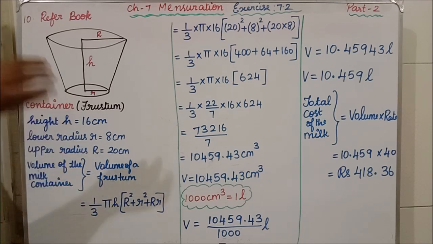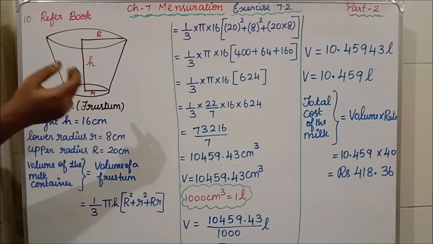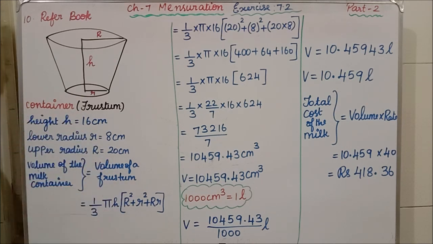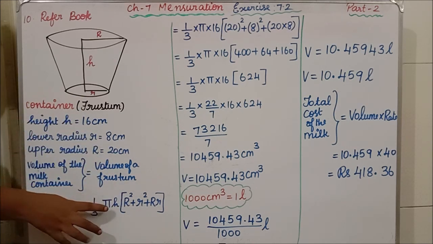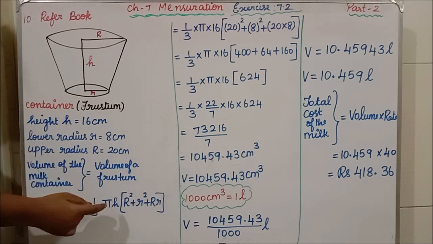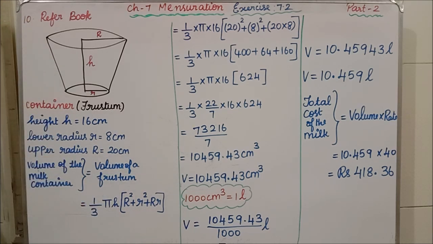Here students, for this formula we are having all the values: h value, capital R, small r. I am going to just substitute here. I am not going to substitute the pi value at first; at the final step only I will substitute the pi value. Okay students, if you solve like this, you will not get confused.